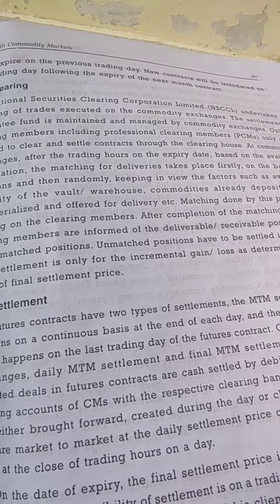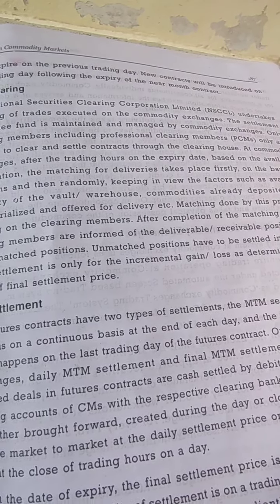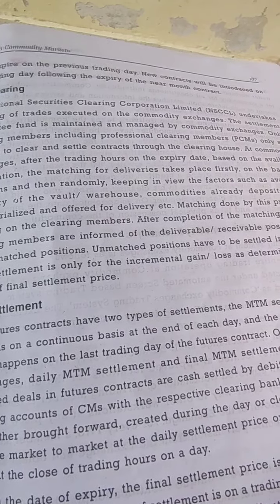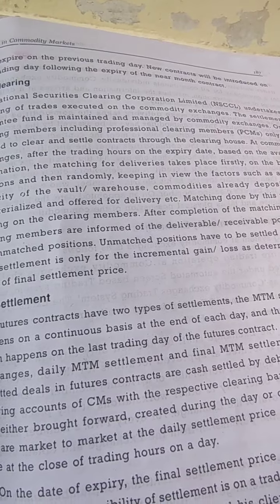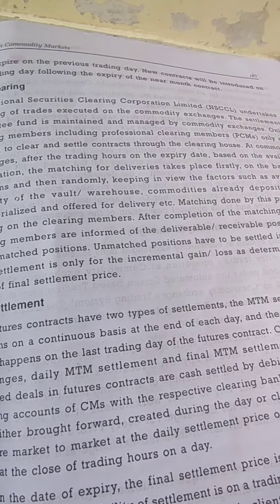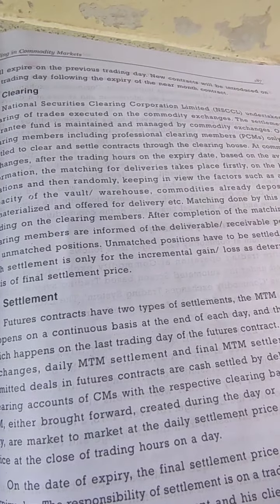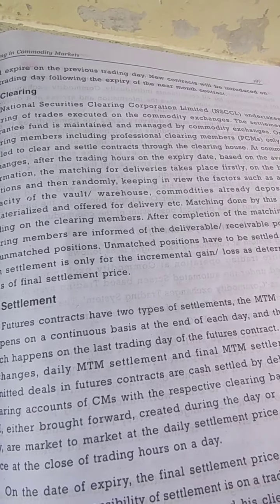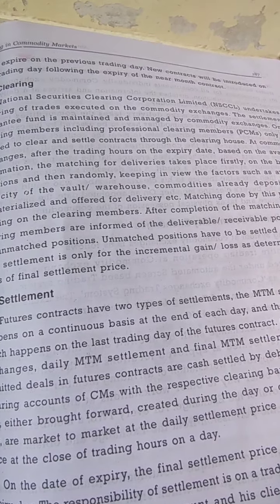Now once the buyer pays the money in the commodity exchange, he will be given a receipt for delivery, which he has to show in the warehouse and get the delivery of the commodities. At the same time the seller should move the commodities to the designated warehouse and keep them ready for delivery.